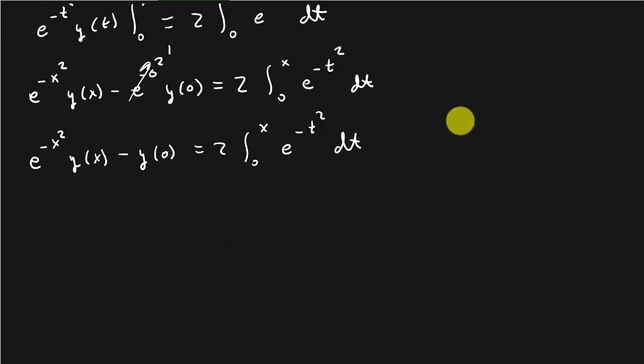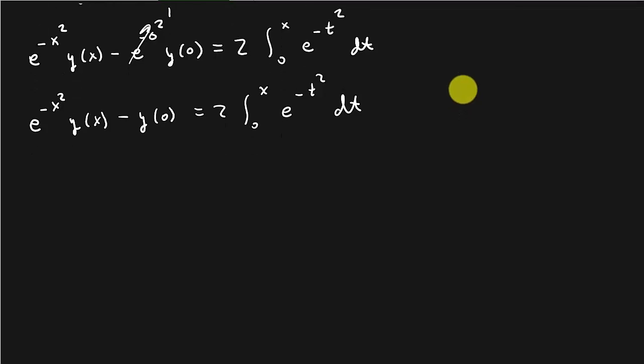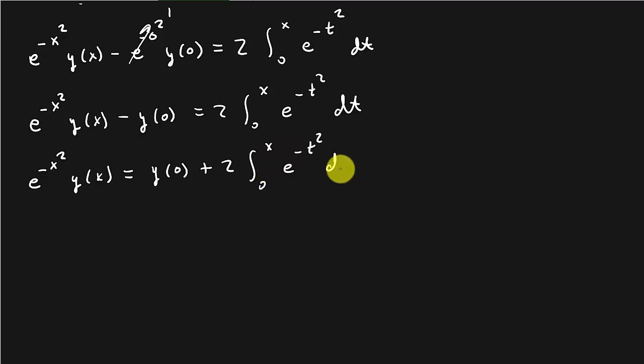And what are we wanting to do? Well, we're wanting to solve for y, right? We need to solve for y. So what do we have here? Well, this is going to be e to the negative x squared y of x equals y of 0 plus 2 integral 0 to x e to the negative t squared dt.